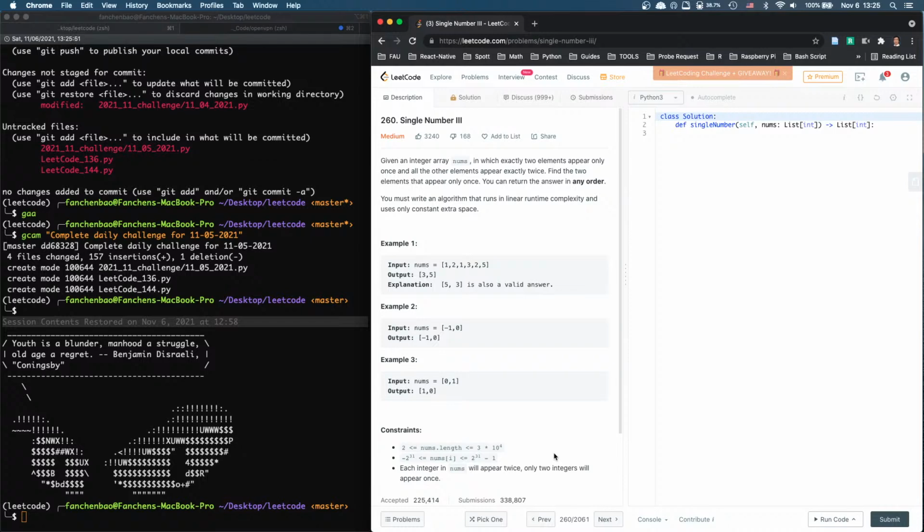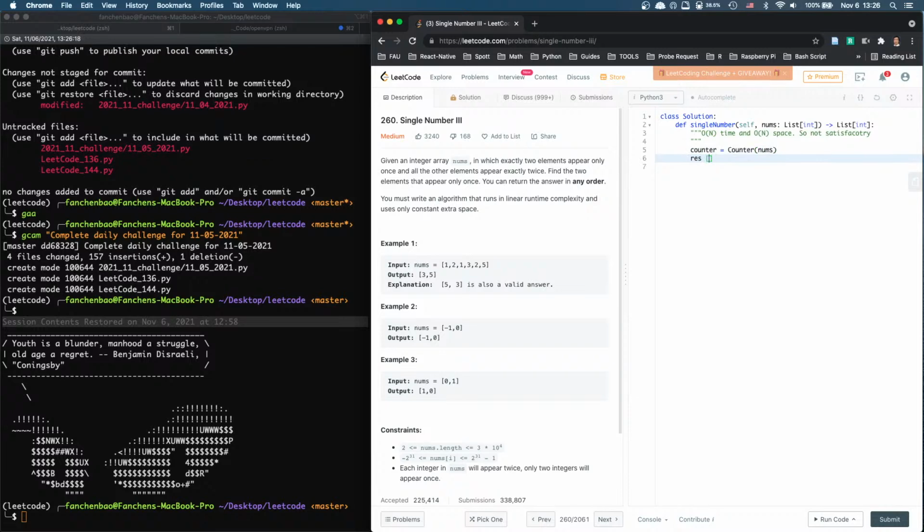All right, let's solve it first, but that will be unsatisfactory. So this will be O(n) time and O(n) space. So not satisfactory. But let's just do this first. Counter. Alright, it's exactly the same idea as the last one.